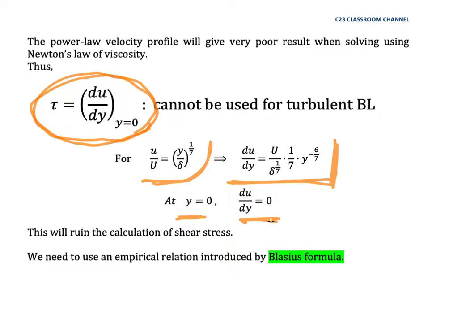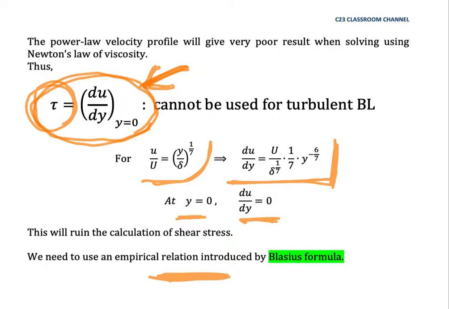This means the usage of this calculation cannot be used for turbulent boundary layer because it does not reflect the real situation. However, we still need the value of shear stress because we want to equate it with what we get from the von Karman equation. We will use the idea of shear stress calculated empirically using the Blasius formula.